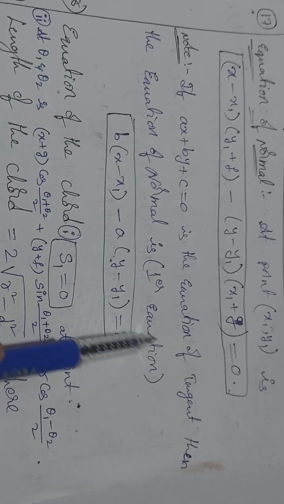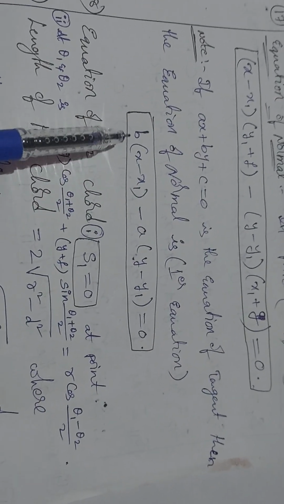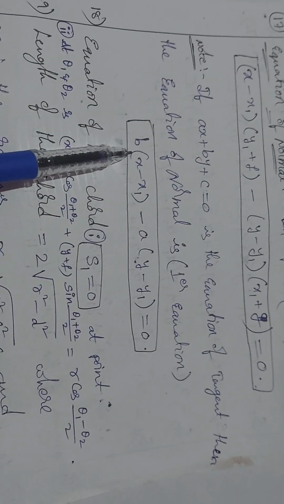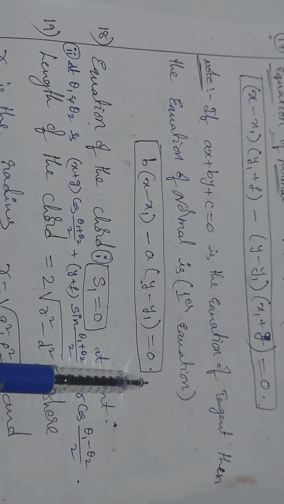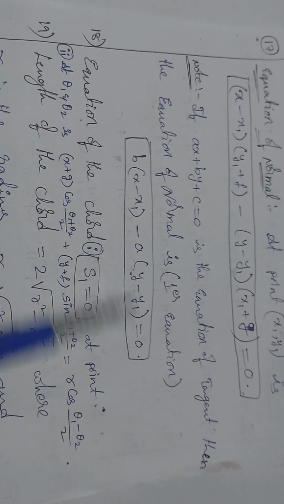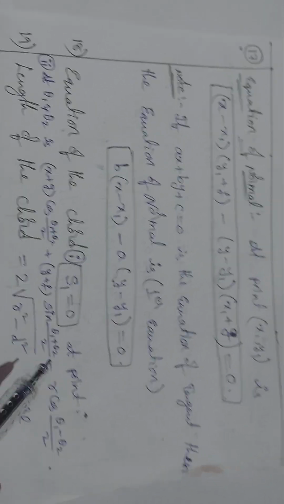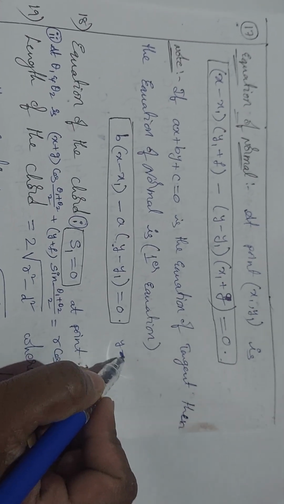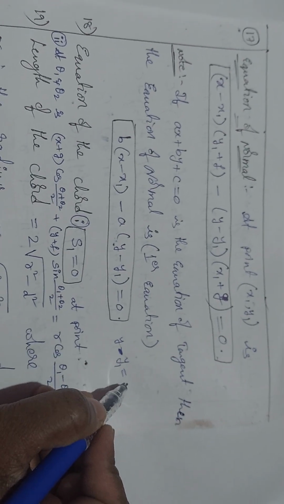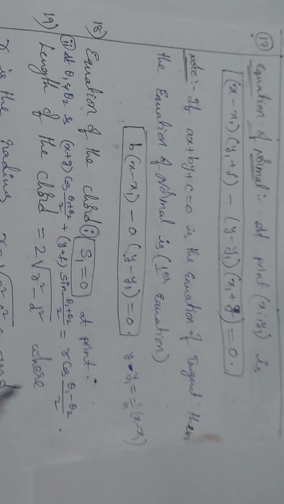Equation of the normal means perpendicular to the tangent only. In last year we learned the perpendicular equation formula: b of (x minus x1) minus a of (y minus y1) equals 0. Of course you can use the slope point formula also, that is y minus y1 equals minus 1 by m into (x minus x1). You can use any one formula.